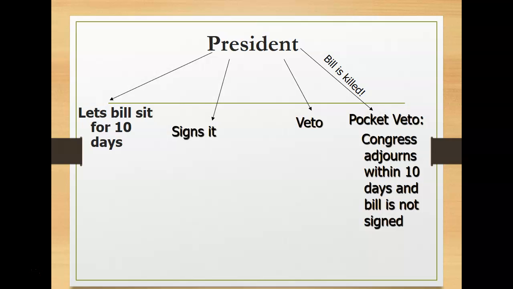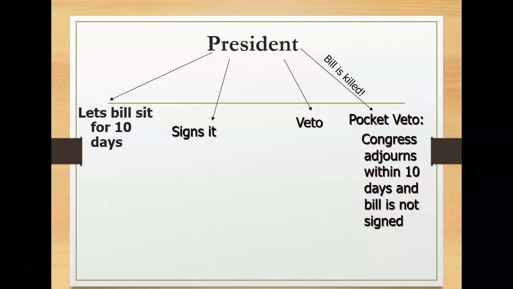The president can choose to pocket veto a bill. If Congress adjourns within 10 days and the bill is not signed, the bill essentially disappears. Now, this can only happen if Congress is within the last 10 days of their session. If Congress passes a bill and sends it to the executive branch in 10 days or less before the end of that congressional session, they're up for election.